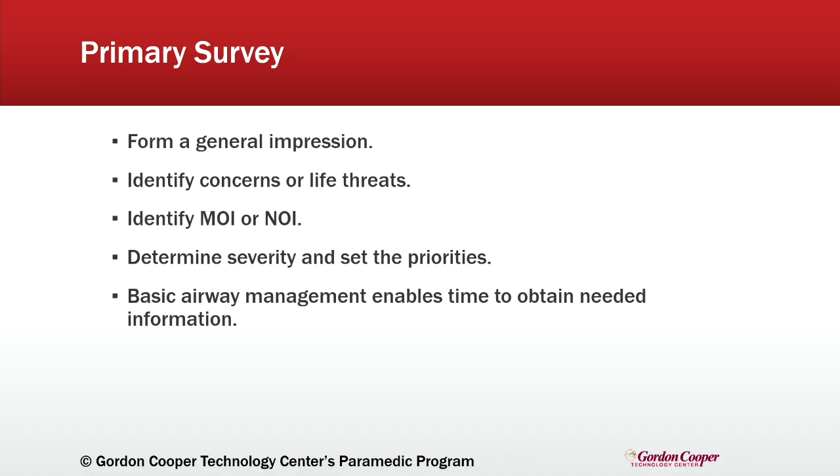The severity of the condition, we're going to utilize to prioritize and guide our treatment process as we move forward. Of course, we want to make sure that we use solid airway management to help gather more information and stabilize the patient.